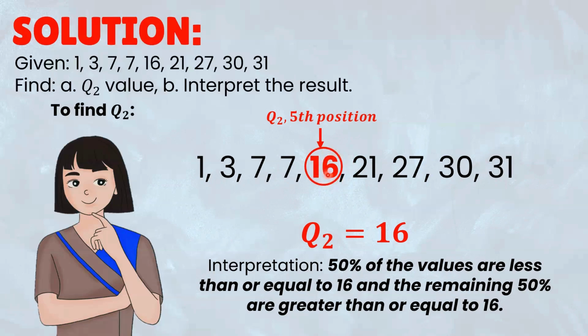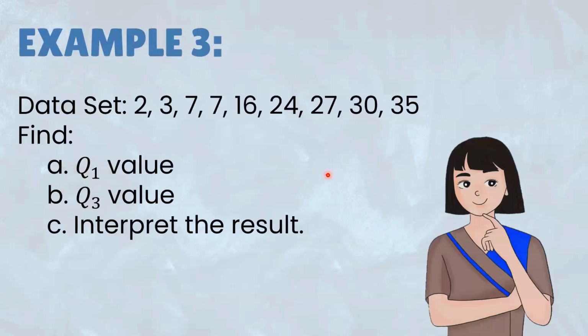Okay? Let's have another example. Let's say our data set is composed of the following values: 2, 3, 7, 7, 16, 24, 27, 30, and 35. We have to find the quartile 1 value and the quartile 3 value, and interpret our result.